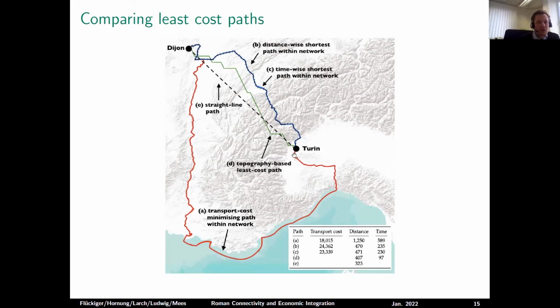The red one is actually the one that we're interested in. This is the least cost path based on transport costs. So if you want to minimize transport costs, we would take a bit of road down from Turin to the Mediterranean. We go to Genoa, from there take the ship across the Mediterranean, where we enter just beyond Marseille into the Rhône.